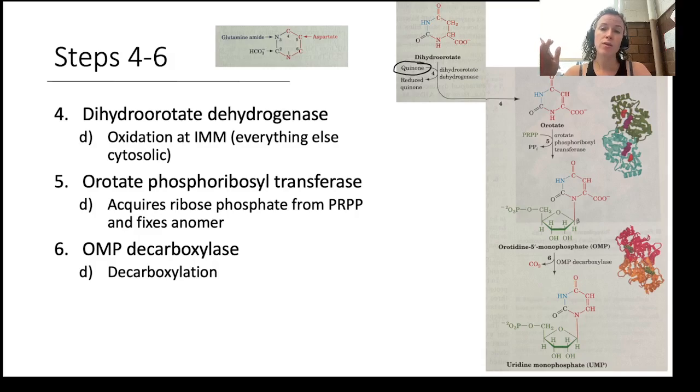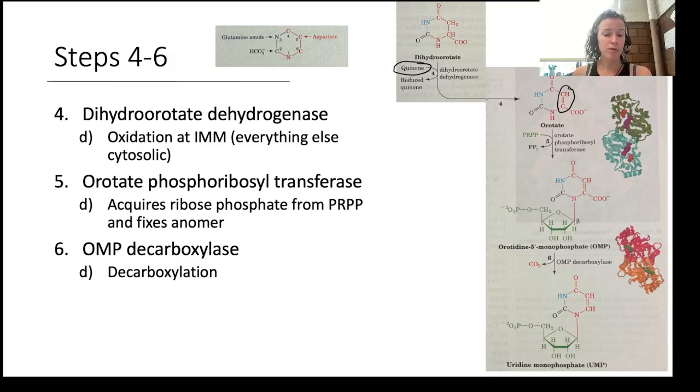And so we know there is a large quantity of quinones at the inner mitochondrial membrane. Think of the CoQ used as a part of the electron transport chain, right? We could use those quinones to perform this oxidation. And so you can see the oxidation happened in this step.